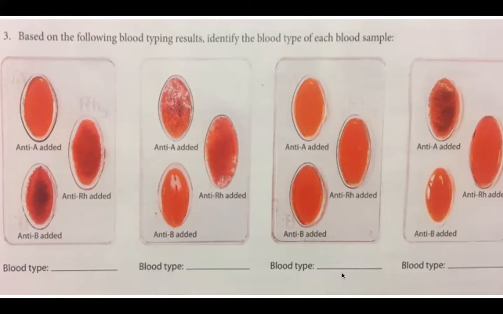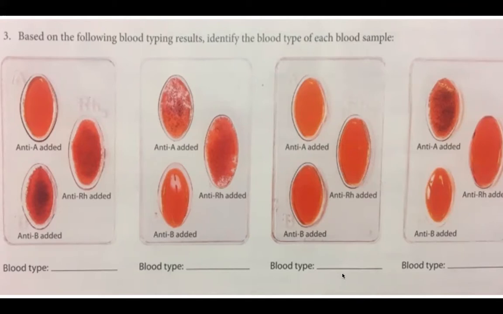But anyway, let's take a look at these four. In the first one, it's clotted in the B and it clotted in the Rh factor. What type of blood would that be? Would that be A, AB, B, or O? And would it have the plus or the negative if it clotted in the Rh factor? The second column there, we see that it clotted in the A and the Rh.